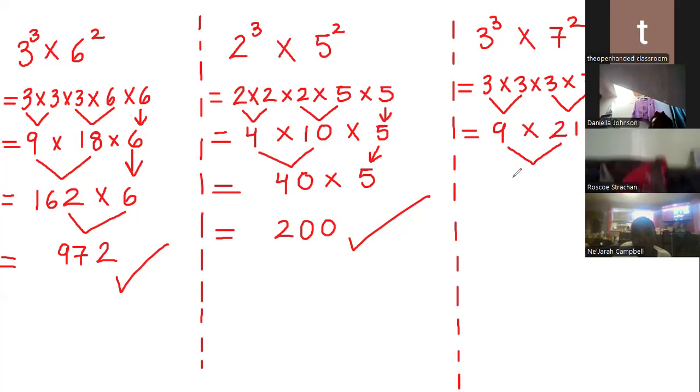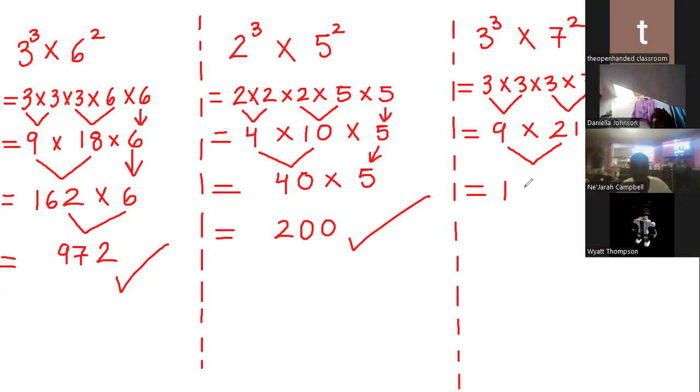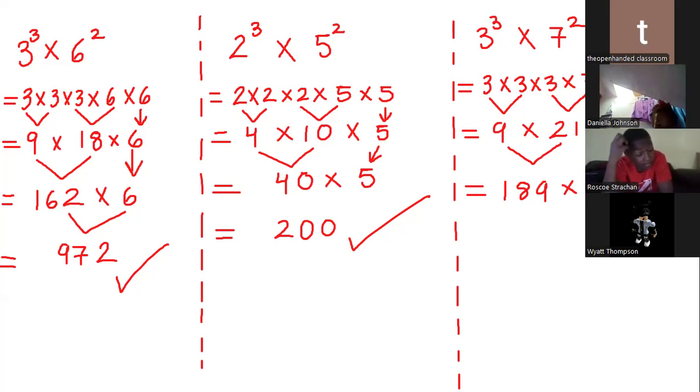What is 9 times 21? Class, what y'all got when y'all did 9 times 21? 189. Times 7, very good. We bring this down. One second, class, one moment.